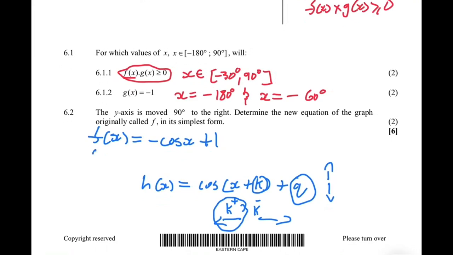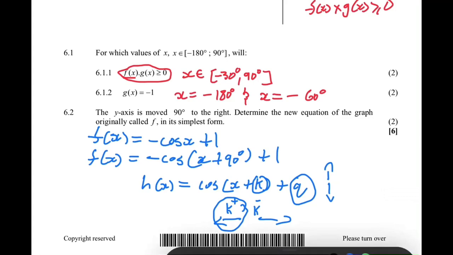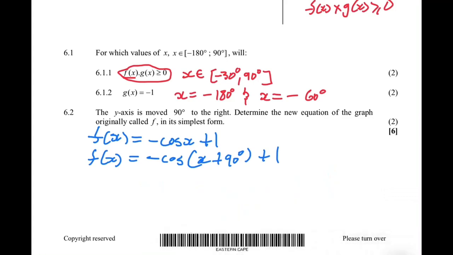So that will be f of x is equals to minus cos of x plus 90 degrees, right? We're moving it to the left, plus 90 degrees plus 1. Let me just erase this. And then now this is our new equation for the graph originally called f. We have moved it 90 degrees to the left because y is moving 90 degrees to the right.